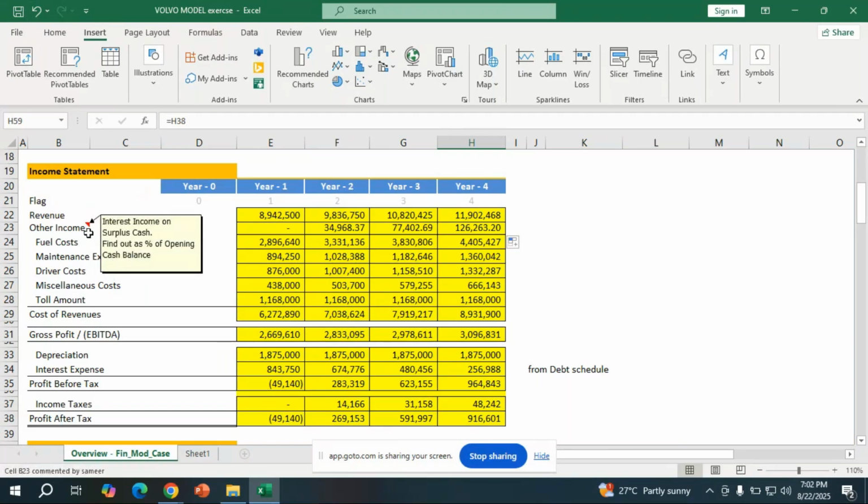Now, if it has to be year two opening balance, it has to be year one closing balance only. So like that we are supposed to calculate it. Because after this you have to fill up the gap of your balance sheet. So once you complete this, then you are going to fill up the gap of your balance sheet.